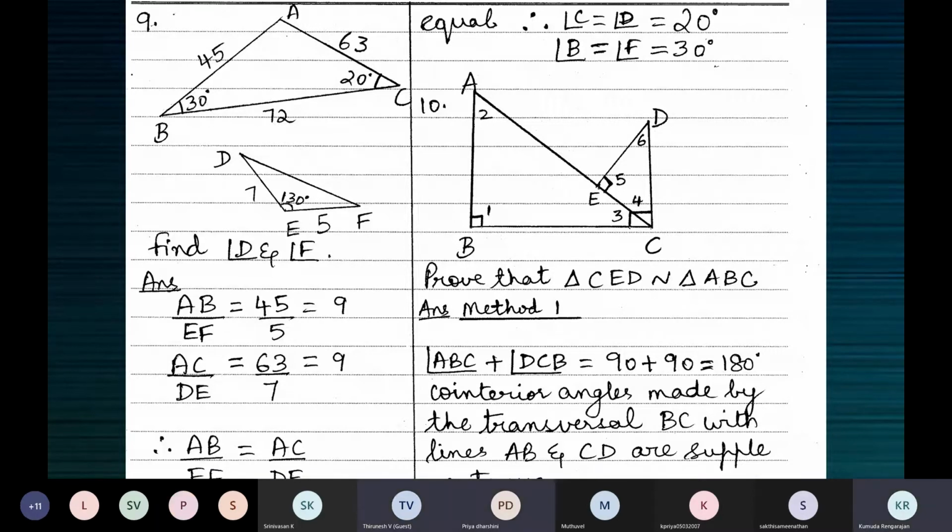In the small triangle, angle 4 plus angle 6 is 90. Yes or no? Yes, ma'am. Okay. Now, also, angle 3 plus angle 4 is equal to 90 degrees, correct? Angle 3 plus angle 4 is 90.